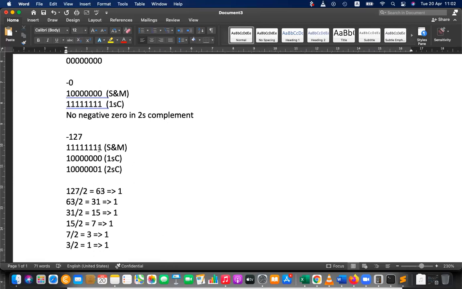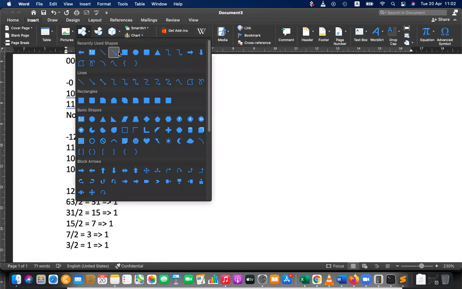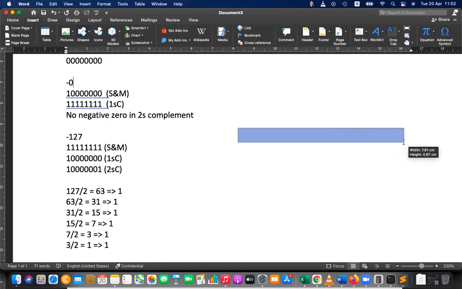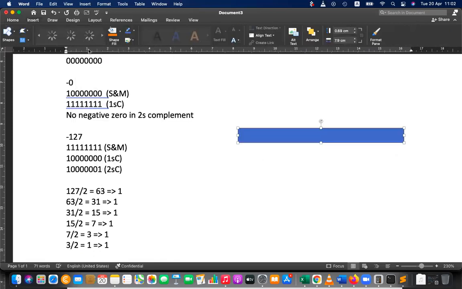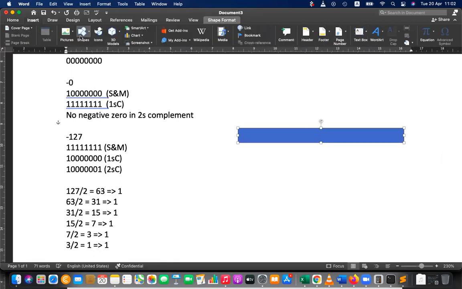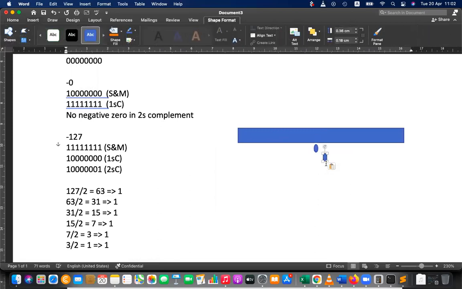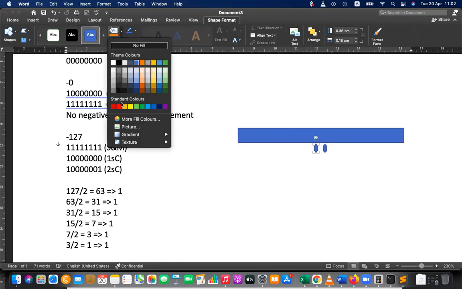So if this is the scale, let's say this scale had, I'm going to represent the positive 0 here and also the negative 0. Let's say negative 0 is red color.